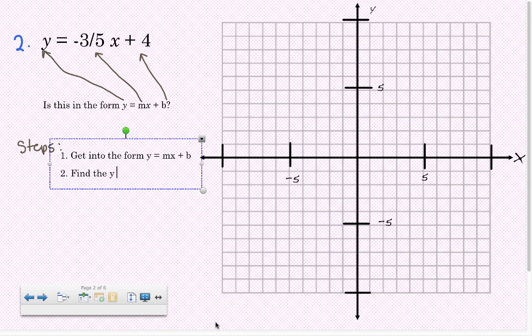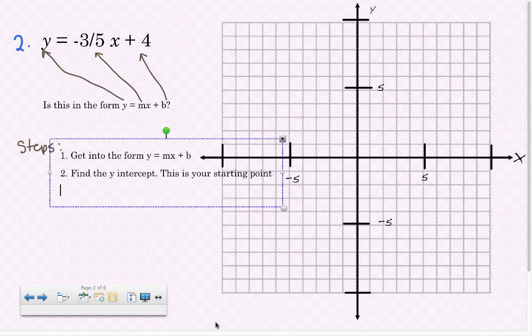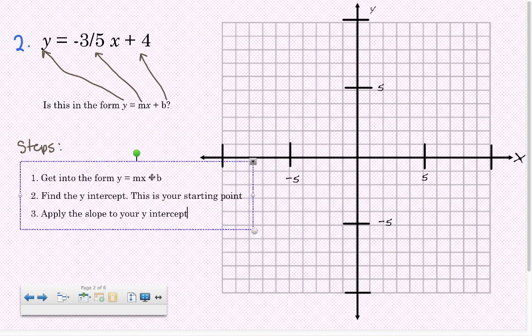Find the y-intercept. This is your starting point. Apply the slope to your y-intercept. All right, so let's do all this.